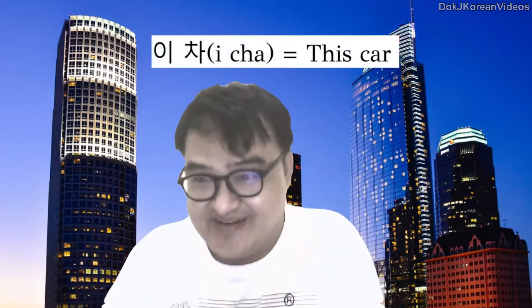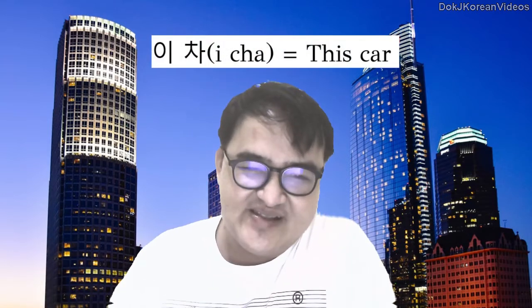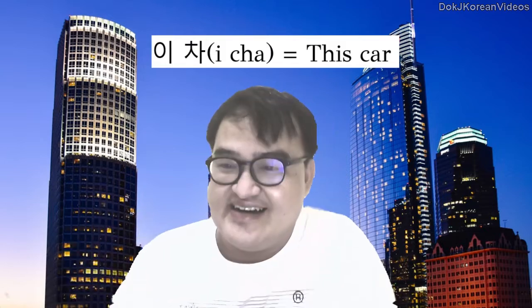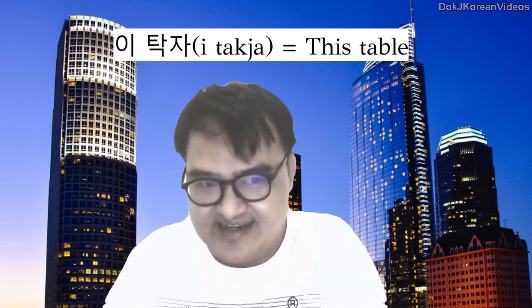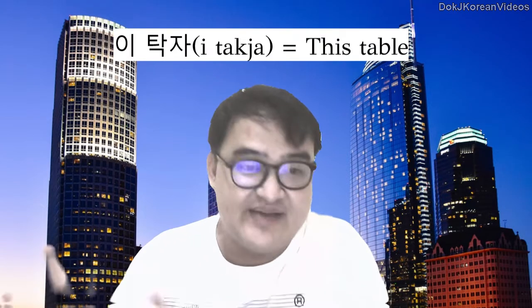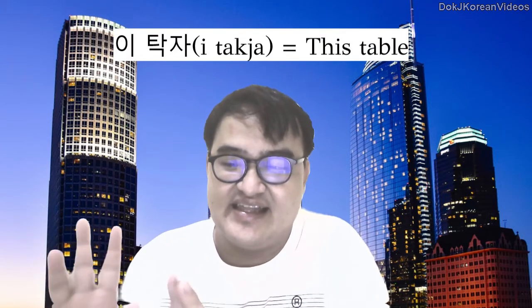In Korean, car is cha. Almost the same, right? When we say this car, we say I cha. What is table in Korean? Table in Korean is takcha. So this table, we say I takcha.